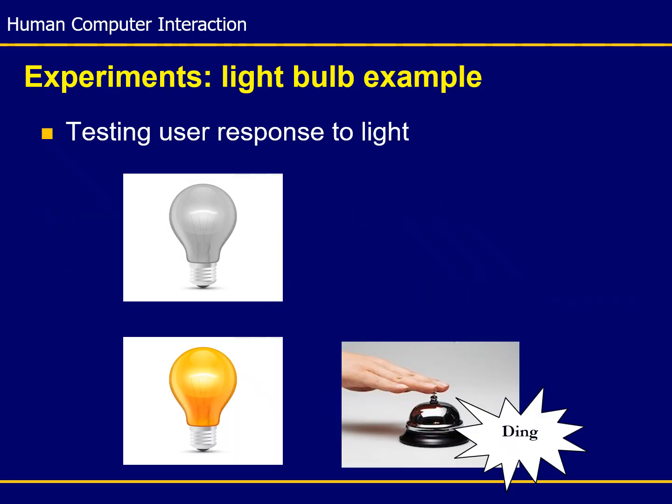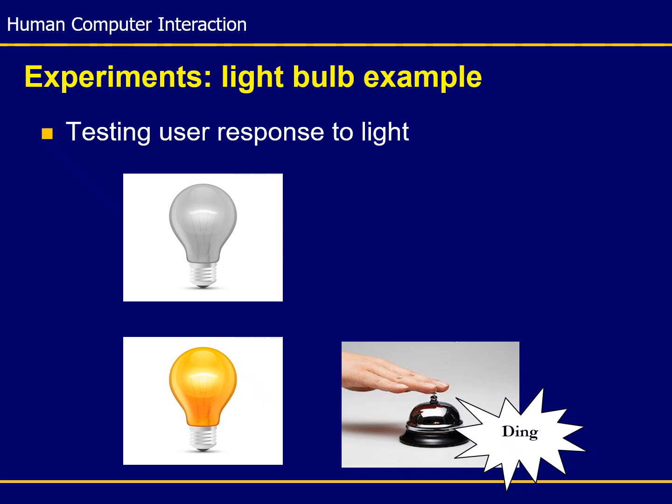Now, to explain the different subcategories we need to consider in designing an experiment, I'm going to use the following example. Let's say I would like to test participants' response to light and how fast humans can respond to light. So I'm going to do the following experiment.